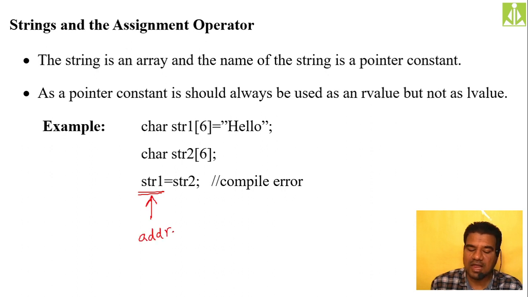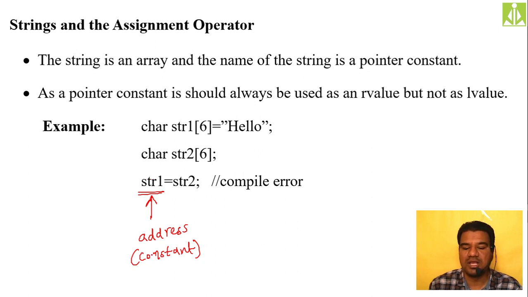So taking an L value, taking a constant, address is nothing but a constant. Taking a constant as an L value, the left side of the assignment operator, is an error. Both the things are constants. This is also a constant and this is also an address. S of 2 is also an address. String of 2 is also an address. So it is also a constant. So we cannot take two constants on either side of an assignment operator.